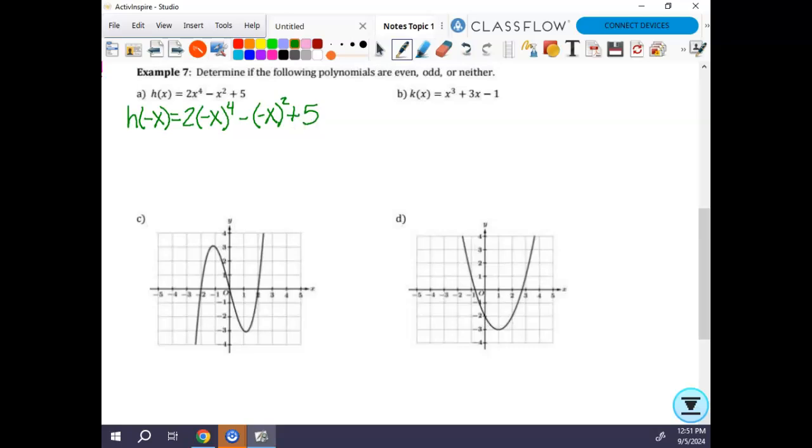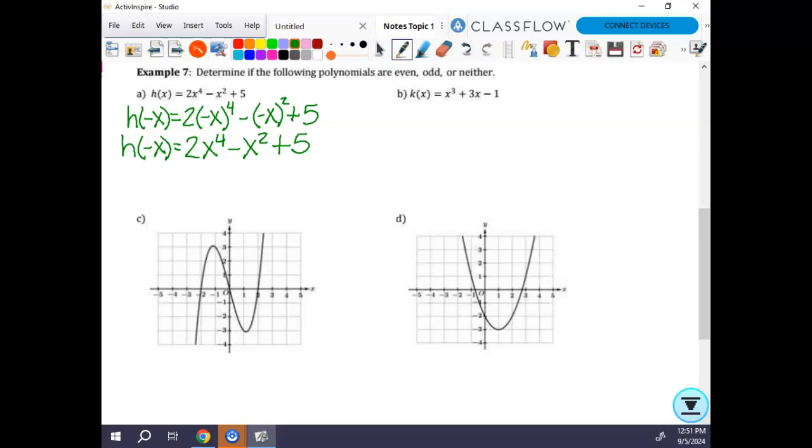Okay? Second step, we clean it up. H of negative x is 2 times, what is negative x to the 4th? x to the 4th, right? Minus negative x squared is minus x squared, and then plus 5. So you substitute it in, then you clean it up.